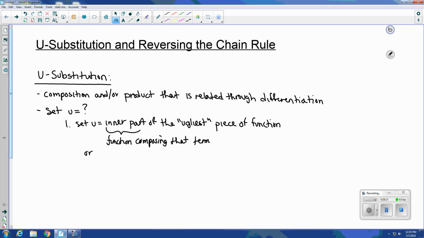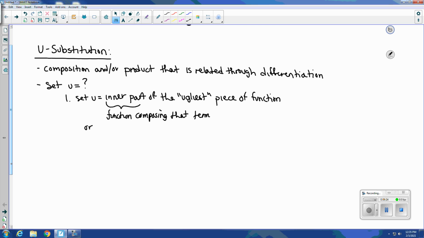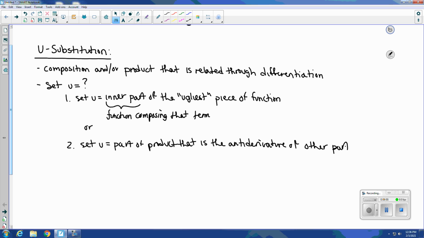So if this doesn't work, or it's difficult to identify what to set u equal to based on this first recommendation, the second thing you can look to do is set u equal to the part of the product that is the antiderivative of the other piece. So those are the two things I would look out for.